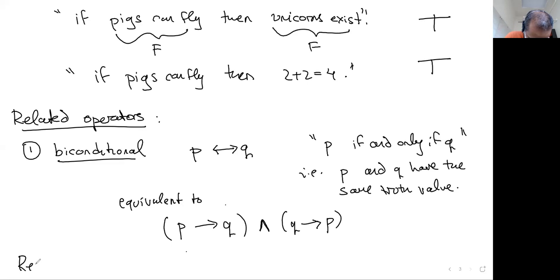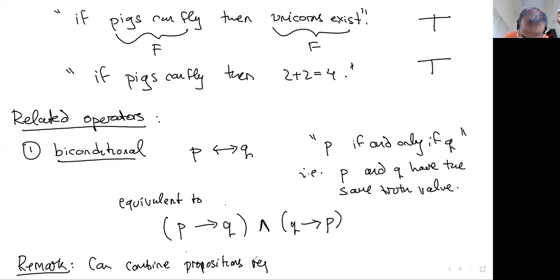So what's the remark here? You can combine propositions repeatedly. You can apply these operations one after another, just like in arithmetic. You can multiply and then divide and then add and so on, as long as you make it clear what order you're doing it in using parentheses.